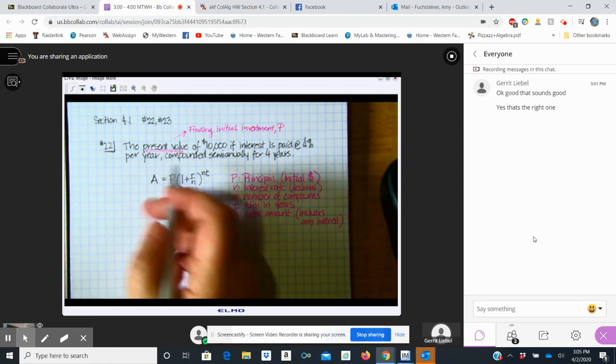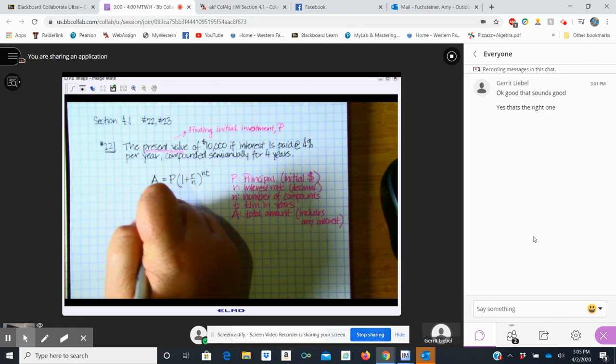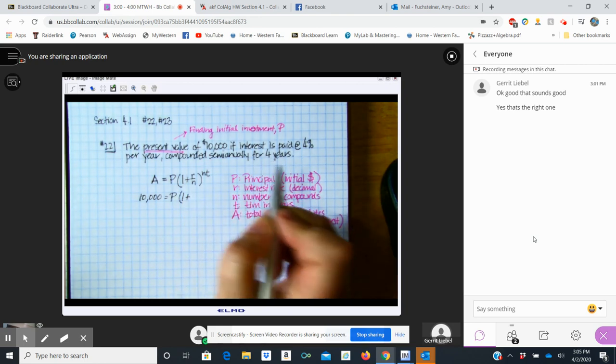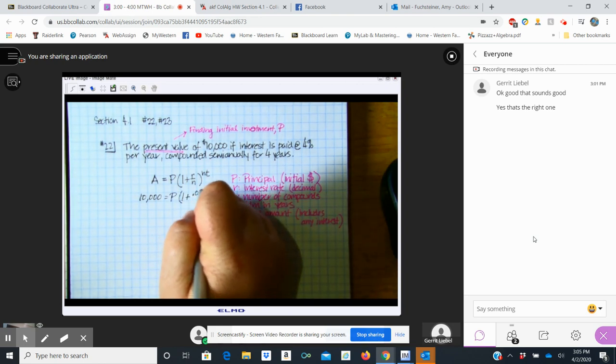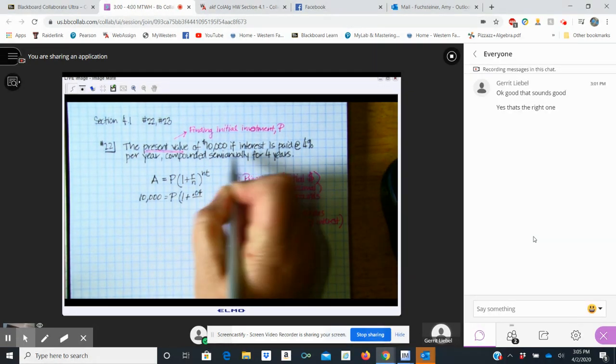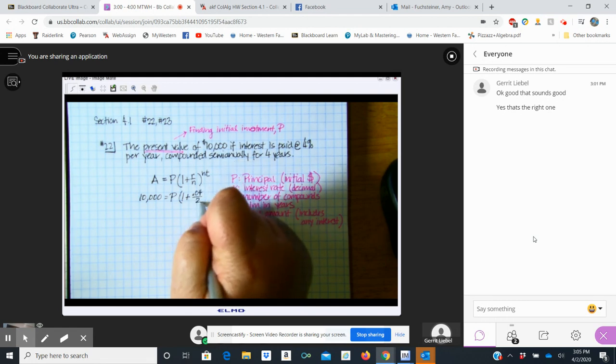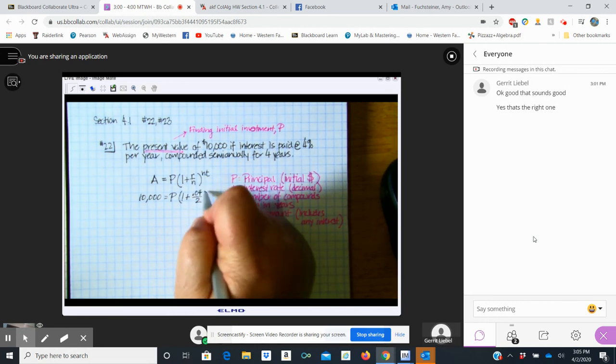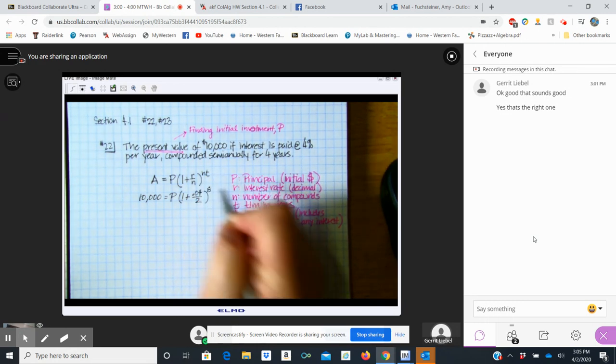So what they're telling us here is that $10,000 has to equal P times 1 plus 0.04. Semi-annually is 2 times a year. And we're going to take that to the 2 times 4 or 8th power.